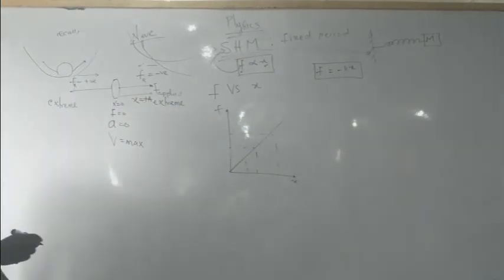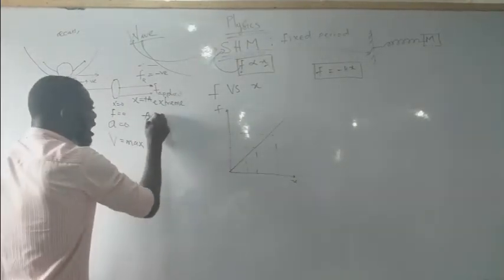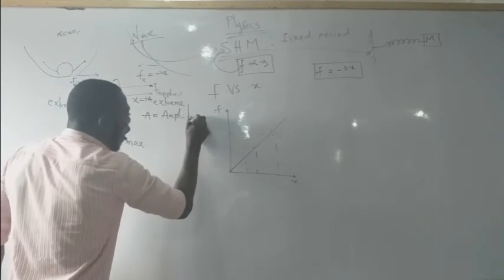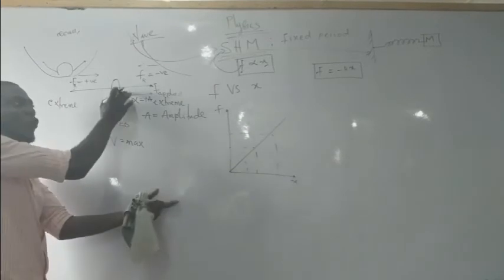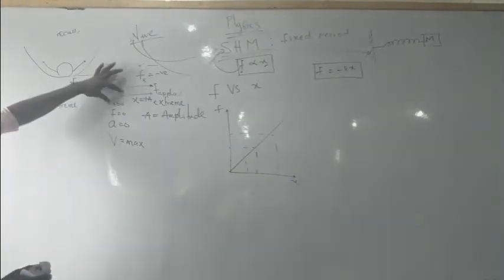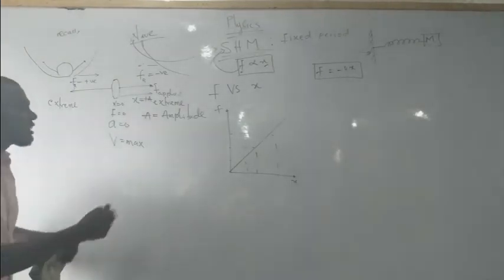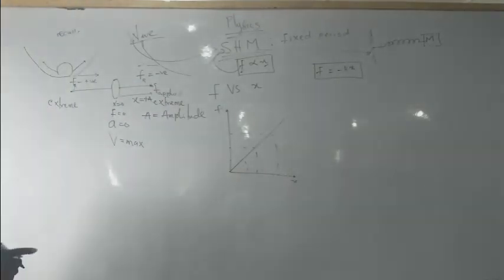So at this point, displacement will be equal to positive A. A is the amplitude. Amplitude is the maximum displacement from the equilibrium position. Maximum here tells us about the extreme position.